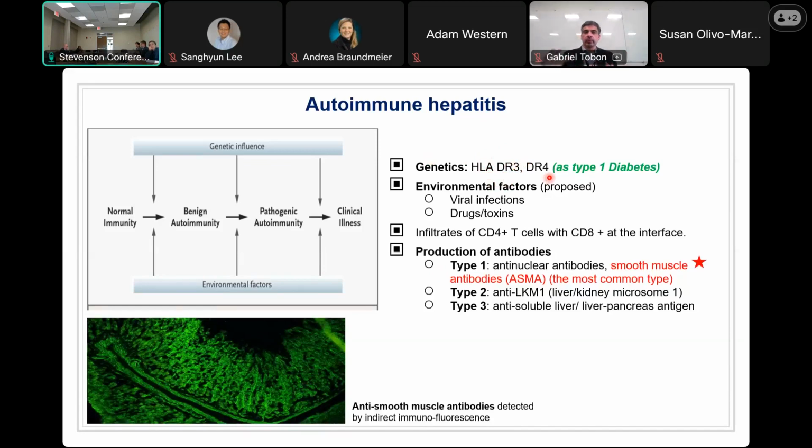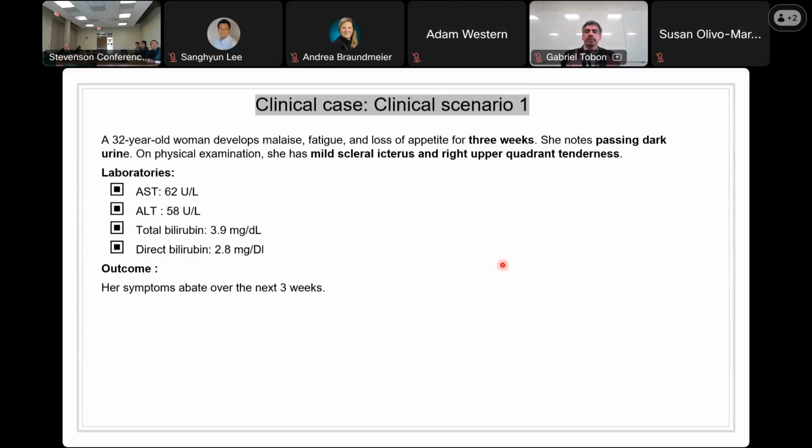And usually in the curriculum, we cover liver pathology 3 or 4 weeks after diabetes. So it's really good to incorporate and remember that the genetic factors here are the same as type 1 diabetes to establish a connection between the different disorders. So that's the idea here.